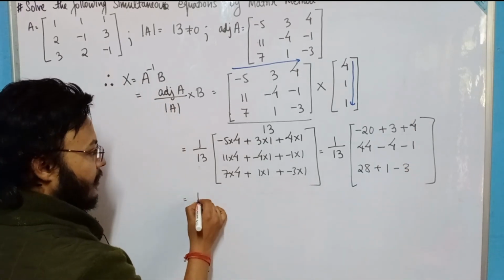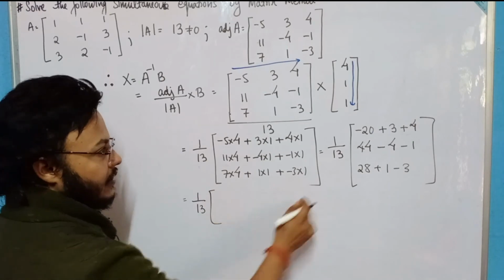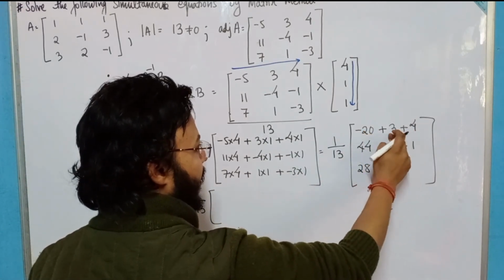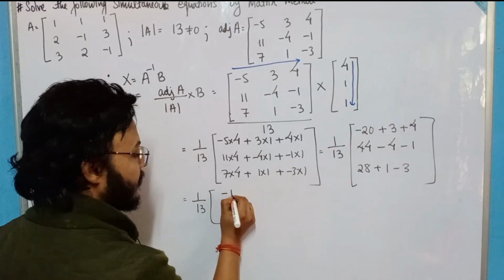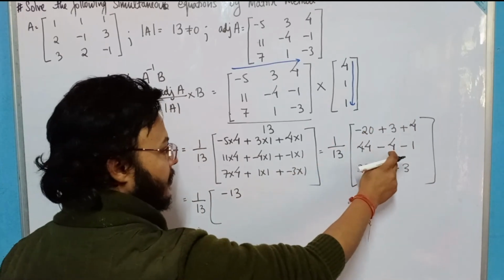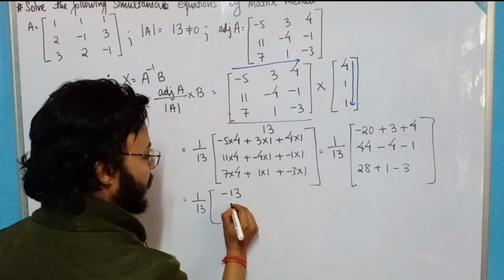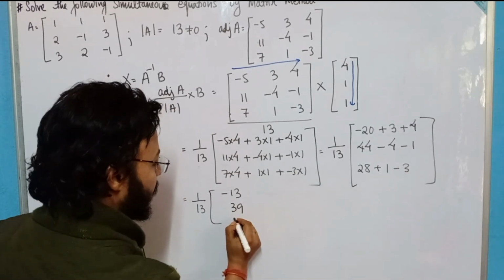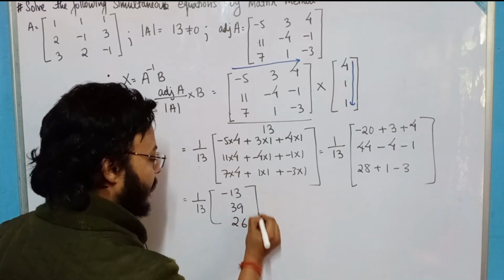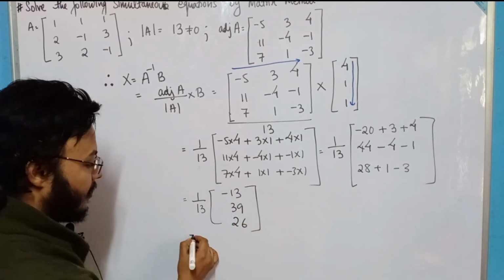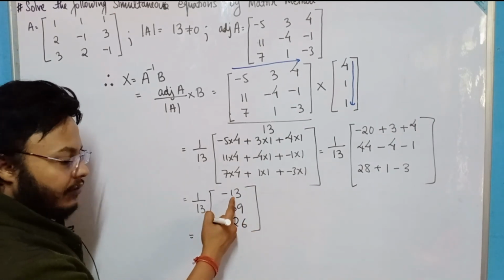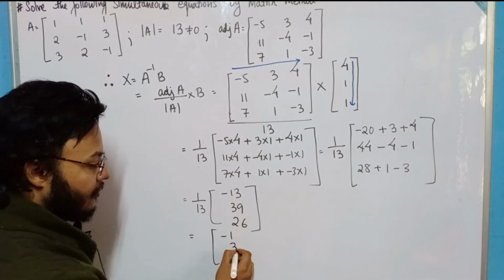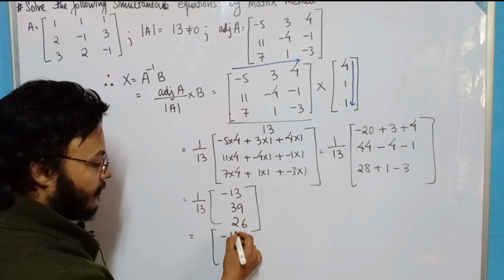So what can I write finally? 1 by 13 times: minus 20 plus 3 plus 4 is minus 13. 44 minus 4 is 40, 40 minus 1 is 39. 28 plus 1 is 29, and 29 minus 3 is 26. Now this 13 will divide each and every element. So 13 divided by minus 13 is minus 1, 13 threes are 39, and 13 twos are 26.